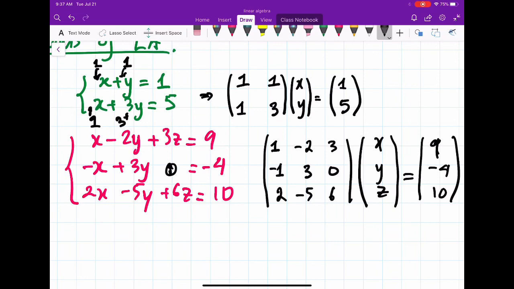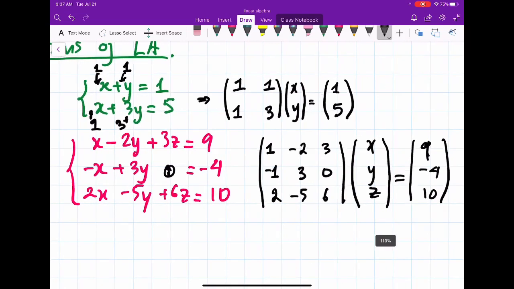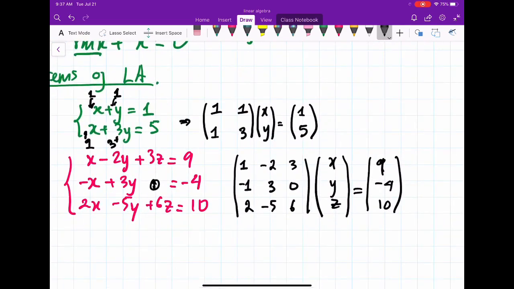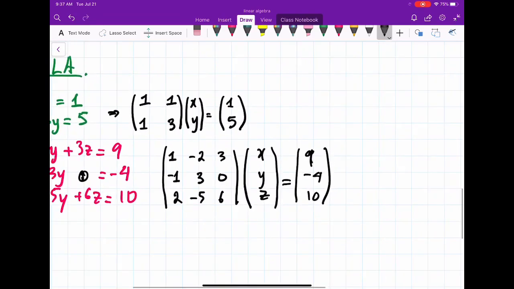So we already have the matrix form of these two systems, right? And we might rewrite this in a shorter way. Here we have x and y. Here we have x, y, and z. But they are variables, and sometimes we don't need to write them in the system. So how to rewrite this?